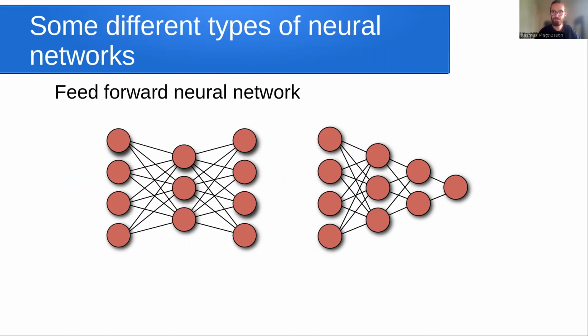Everything I've been showing you so far are examples of feed-forward neural networks, which is basically the vanilla configuration, where you have a flow from input to output. It's linear. Each layer passes on the values to all nodes in the next layer. It's very easy to understand.